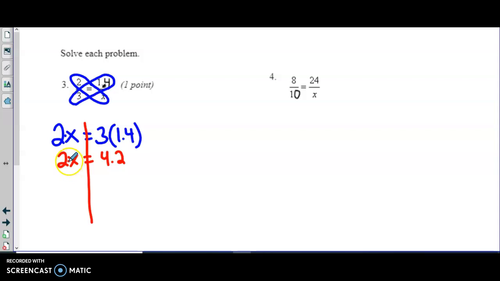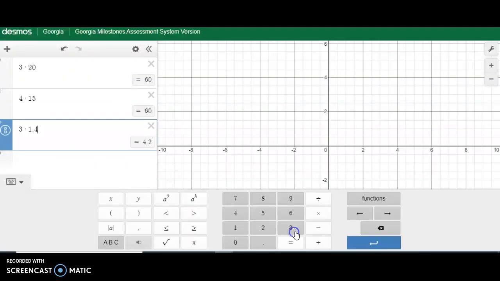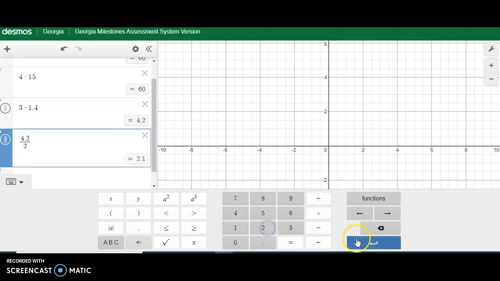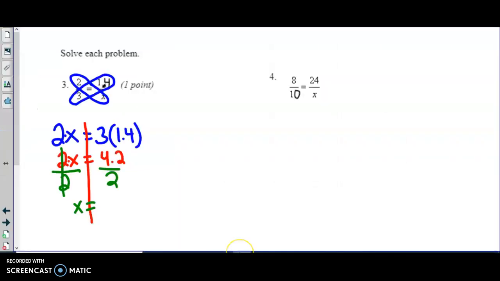Right now it's 2 times x, and the opposite of multiplying is dividing. So we're going to use inverse operations to get rid of that. And we'll be left with 1x equals, and then we can go to our calculator and do 4.2 divided by 2, and that equals 2.1. So our x value here is 2.1.